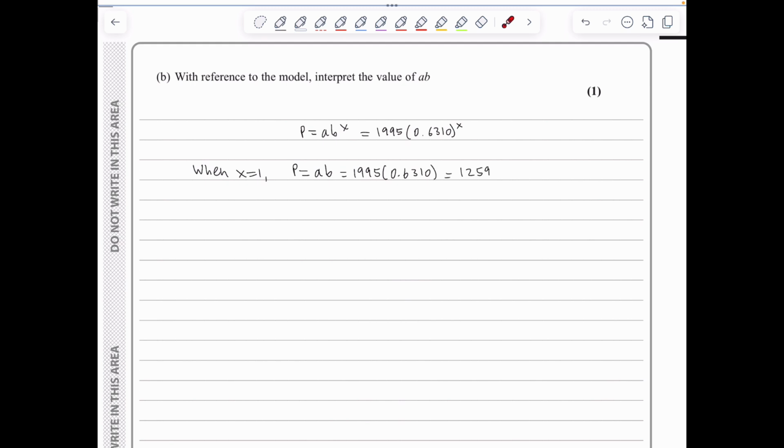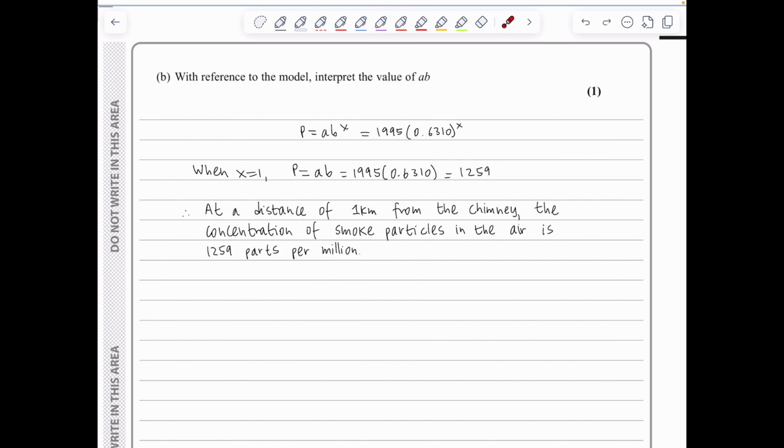And therefore we conclude that at a distance of 1 kilometer from the chimney, the concentration of smoke particles in the air is 1259 parts per million. So the AB is simply the concentration of smoke particles when you're at a distance of 1 kilometer from the chimney. Be careful here, you need to mention smoke particles and parts per million in order to claim the mark.